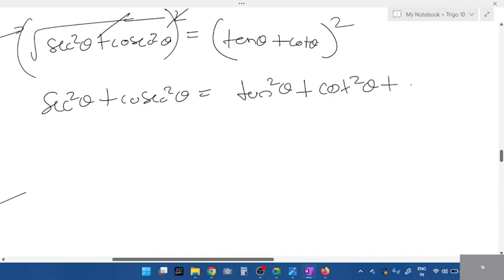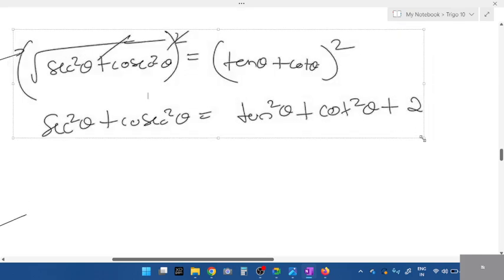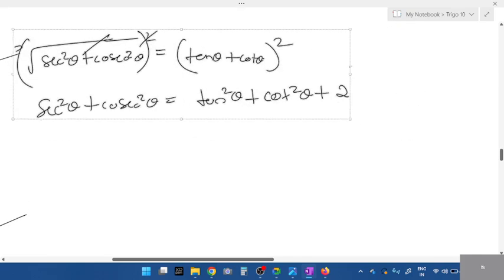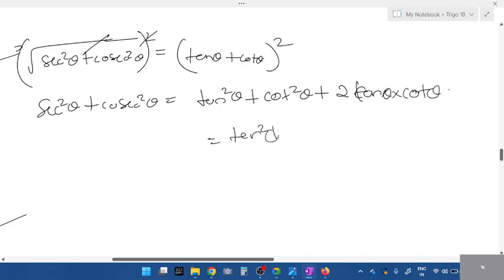All of you will respond. Plus 2 into, what is a plus b the whole square? I want you 2 into tan theta into cot theta. So I'll keep tan square theta as it is plus cot square theta as it is, students.